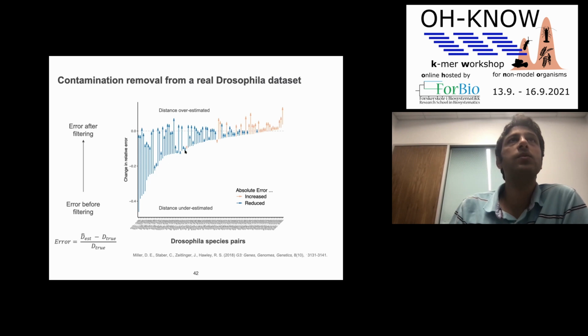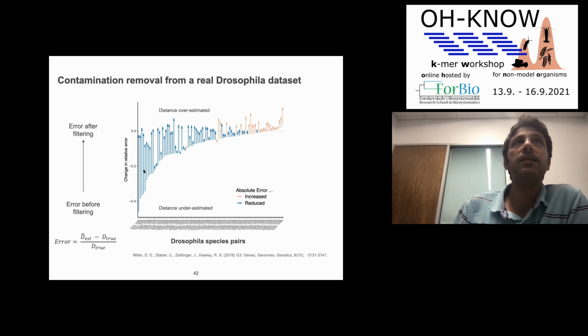There are a couple of cases where we were not able to remove enough contamination. So in this database, we are not spiking in contamination. This is real contamination. We are only removing bacterial contamination. My guess is that these are cases where we have non-bacterial contamination where our filtering didn't help us much. So this could be, for example, the kind of thing that Andre is talking about, cross-contamination between samples.